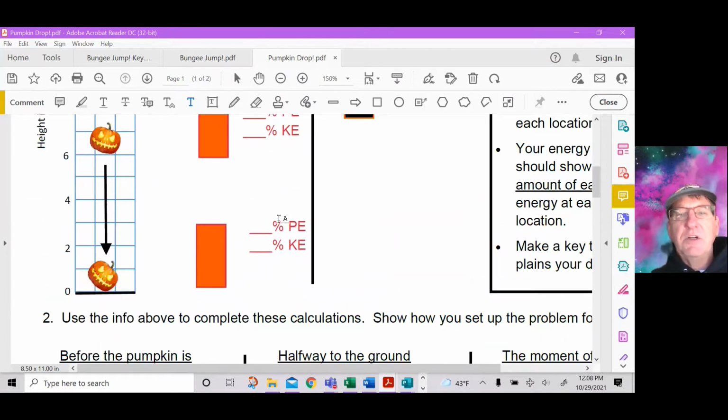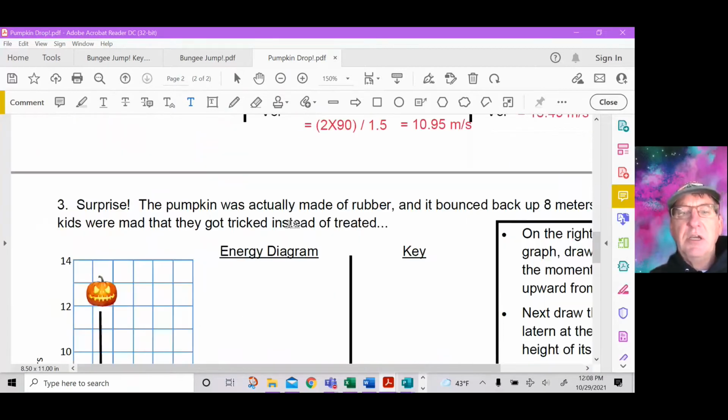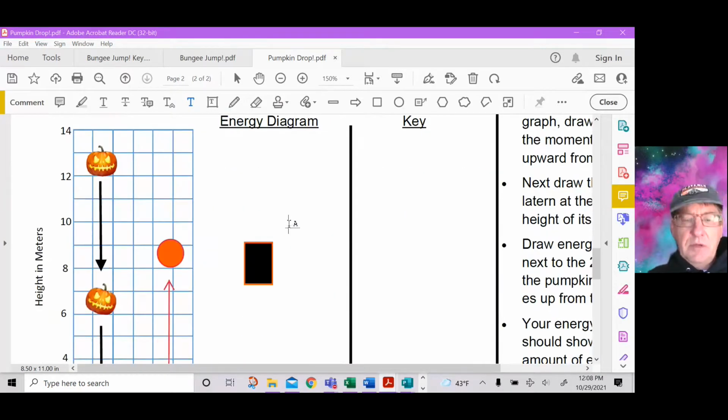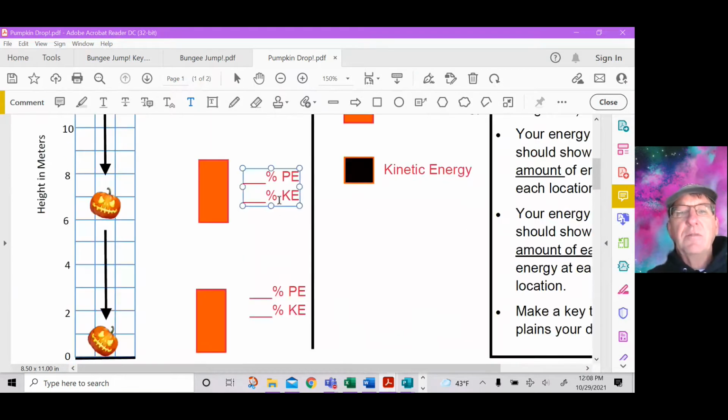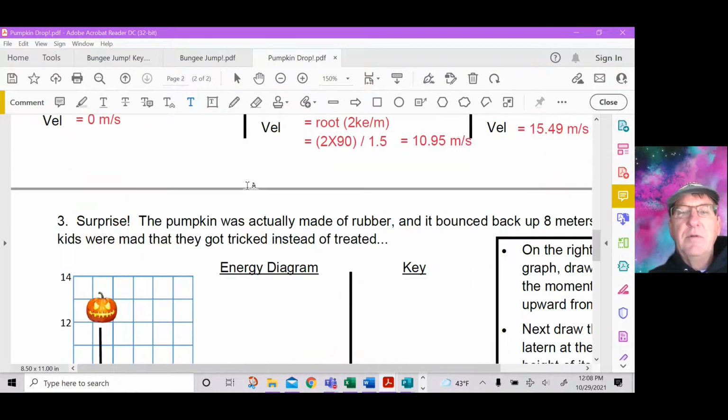So I would like you, once again, I'm going to take this, Control C to copy, Control V, whoops. Control Z or Command Z is a good way to undo something. So I'm going to go over here and I'm going to copy this back here.